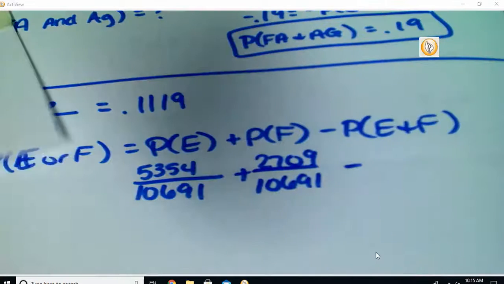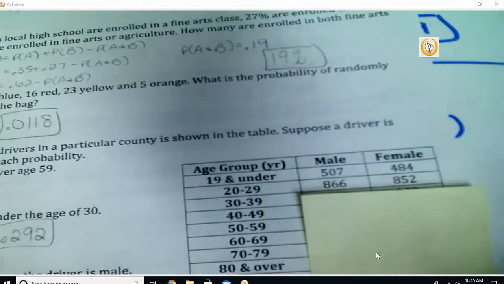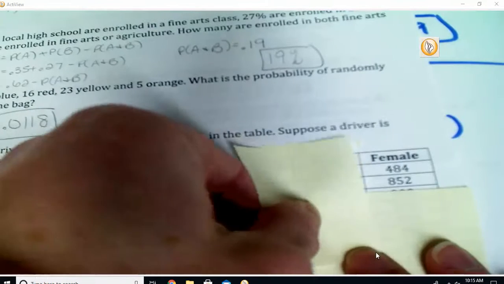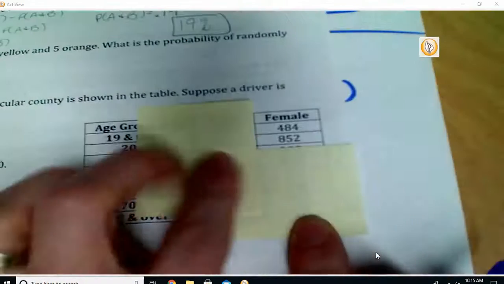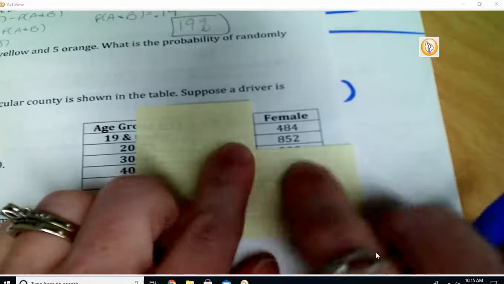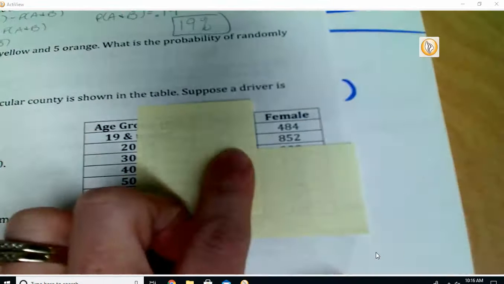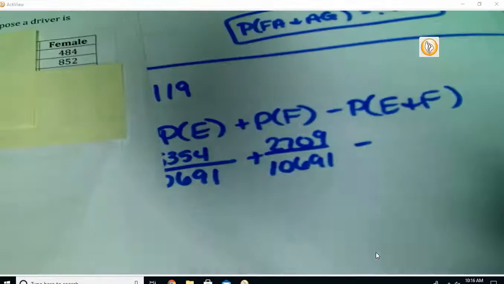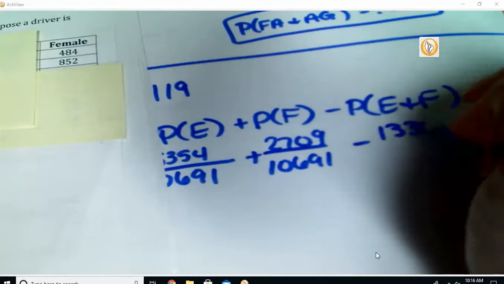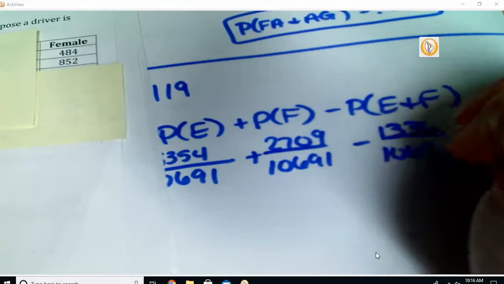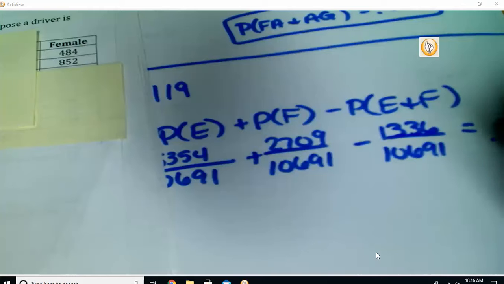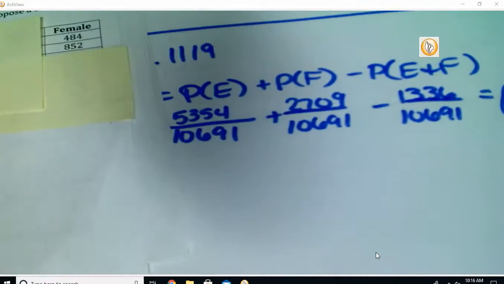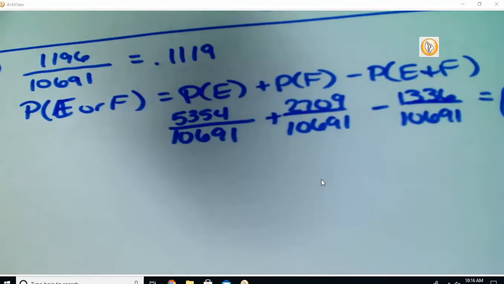Minus the probability of E and F. So here's the problem. The females under 30, I counted those people twice. I counted them once in the female group and once in the under 30 group. So since they've been double counted, I need to subtract them off. So that is 1,336. So if you calculate that, you should get 0.6292. Is everyone okay? I know there were a lot of questions on that one yesterday.